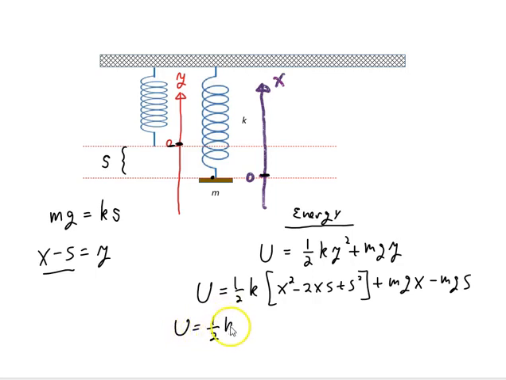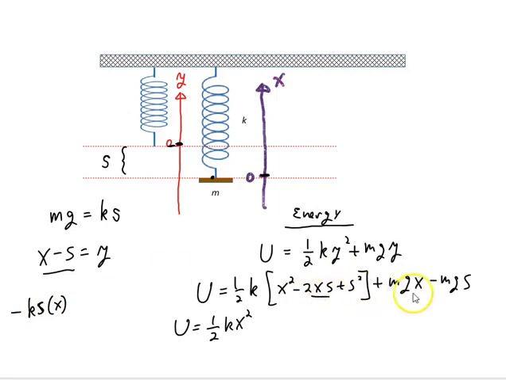I have my 1/2 kx squared. Now, I have 1/2 k times minus 2xs. The half and the 2 cancel. I have minus ks times x from this middle term.